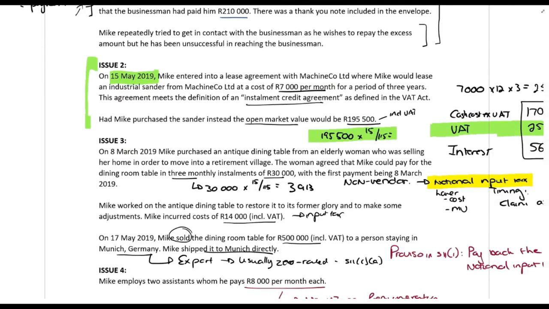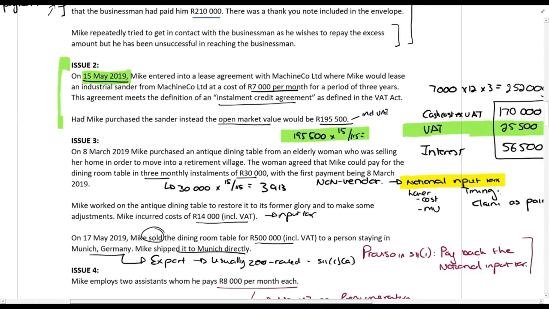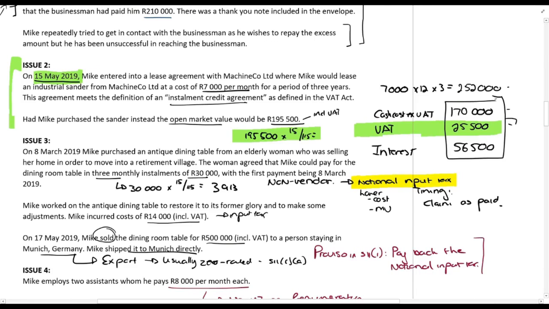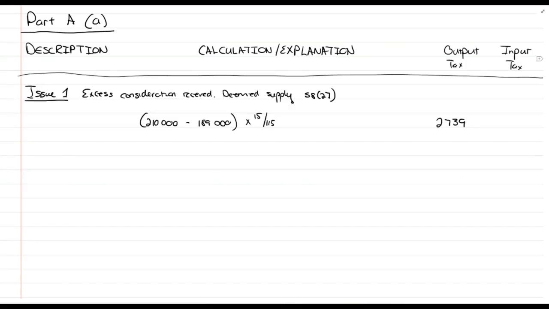Issue 2, on the 15th of May, he entered into a lease agreement, so that's the installment credit agreement. Okay, so important things earlier of invoice or registration, which we can only see is the 15th of May, is the only information we get, and we also know that you claim it on the cash cost.